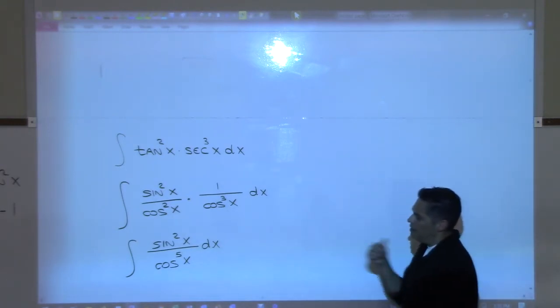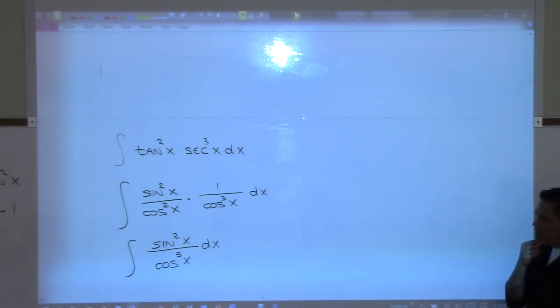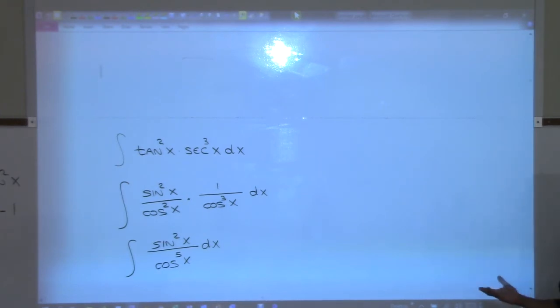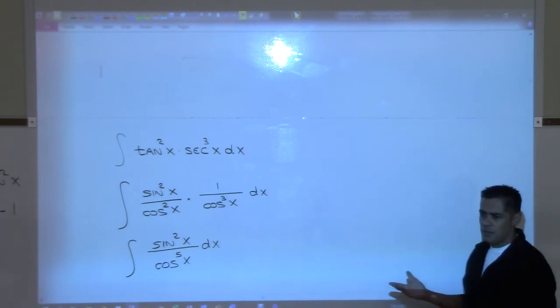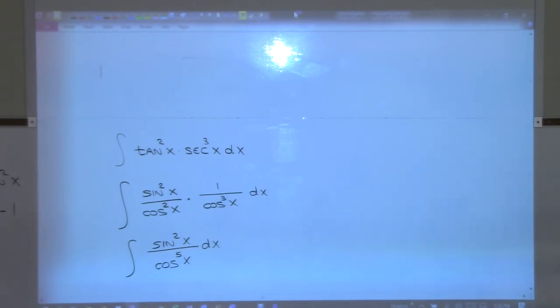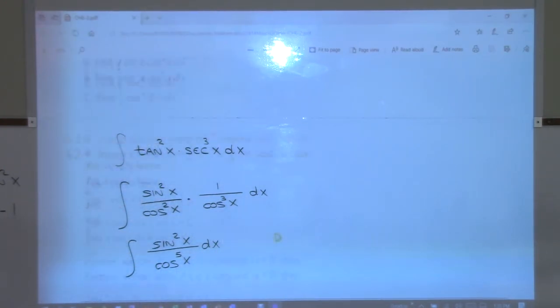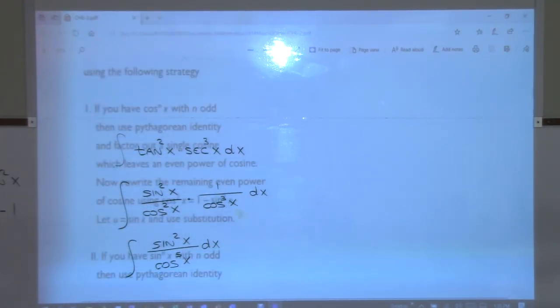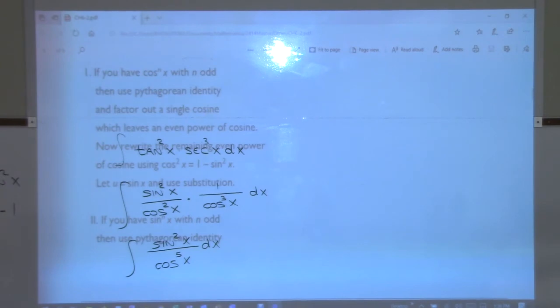We could bring cosine up as cosine to the -5, but we're dealing with an integral that has sine and cosine in it now, and with sine and cosine there were steps we were supposed to follow. Let's go back and look at those steps. Do you have cosine to an odd power? Kind of, but remember, this is in the denominator, so it's actually a -5 power.